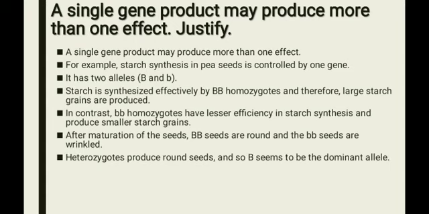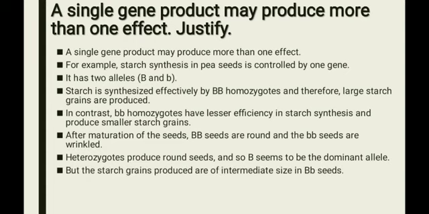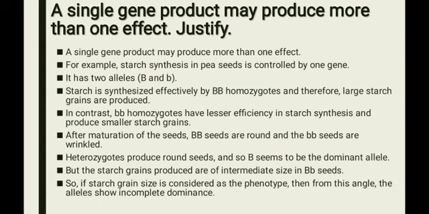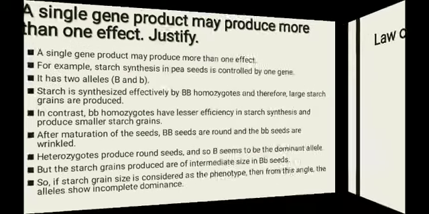The heterozygote produces round seeds, so B seems to be a dominant allele, but the starch grains produced are of intermediate size in Bb. So if starch grain size is considered as a phenotype, then from this angle, the allele shows incomplete dominance.